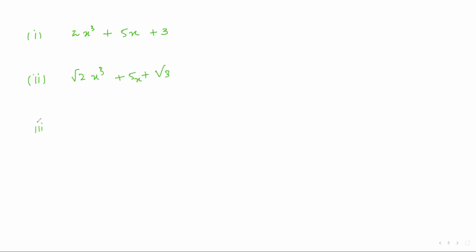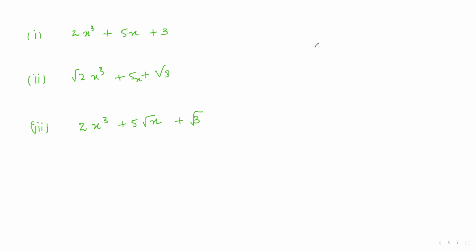Now, the third example I take is this. I keep the 2, but I make it 2x cubed plus 5 into under root of x, right? Now, the variable is inside the square root. Now, let us see whether they are polynomials or not.